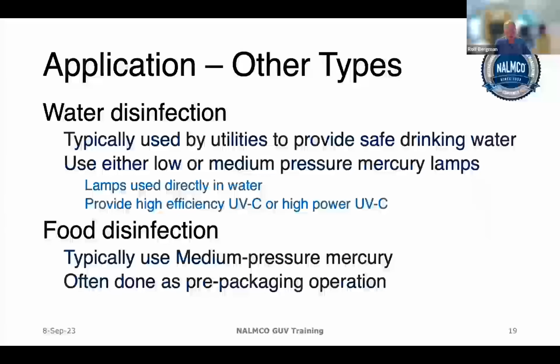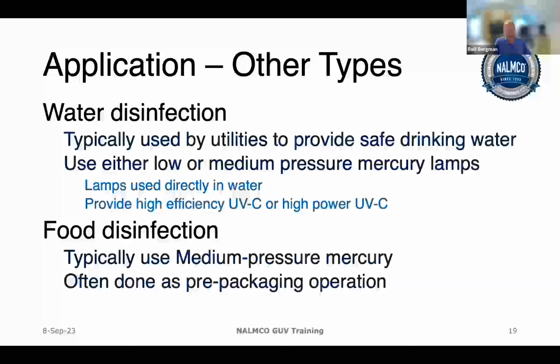And so utilities, but they can install small units for other kinds of purposes. And again, the lamps are put directly in the water, or depending on the water temperature, it can be put in a sleeve around so that the water doesn't contact the surface directly and cool, for example, a low pressure lamp.